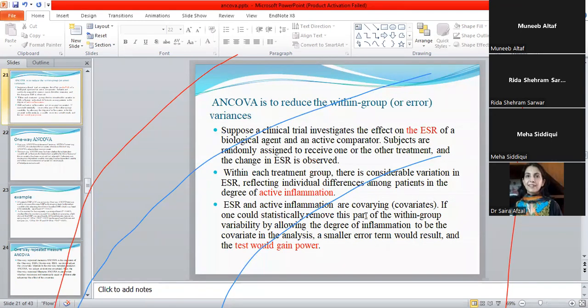So ESR and active inflammation are co-varying. If one could statistically remove this part of the within-group variability by allowing the degree of inflammation to be the covariate in the analysis, a smaller error term would result and the test would gain power.